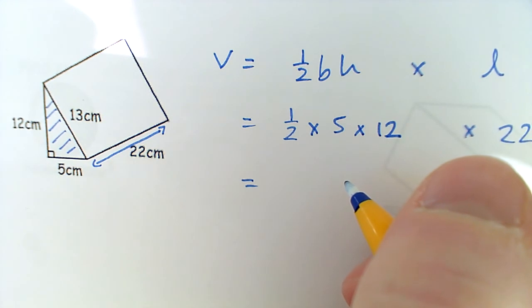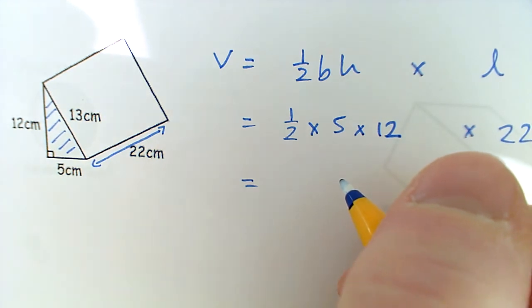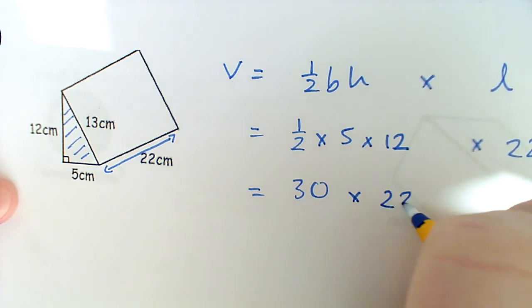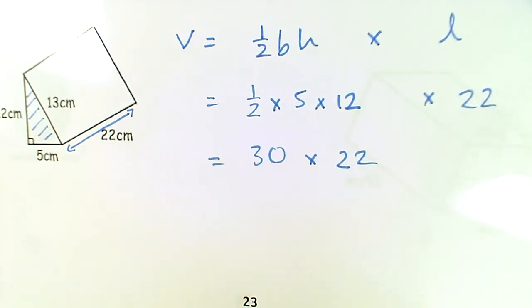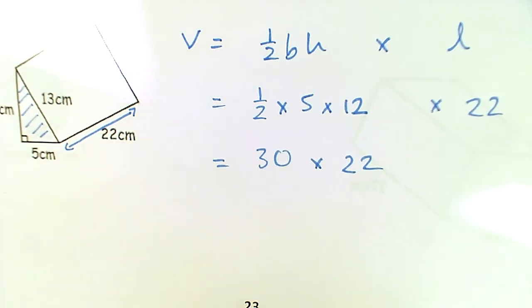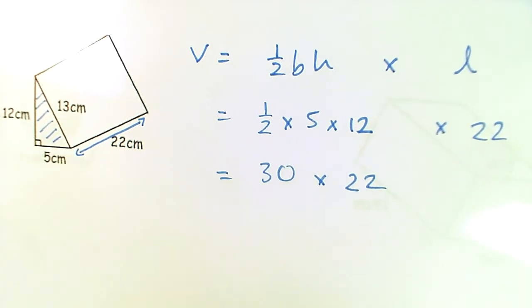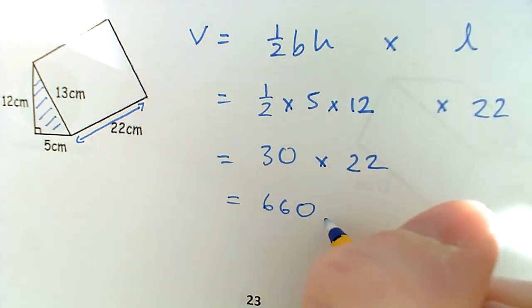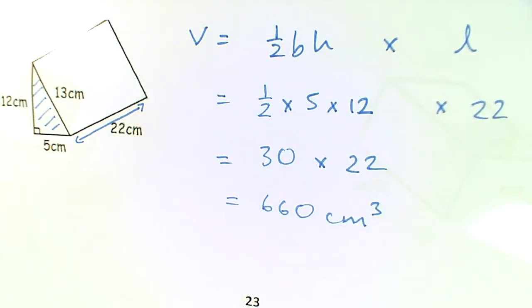So the cross-section area, half times 5 times 12, gives us 30. And we're going to multiply that then by 22 to get the volume. And we get 30 by 22, 660. And it's going to be centimetres cubed.